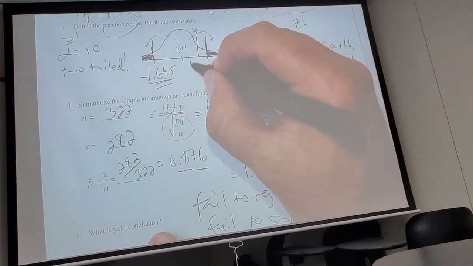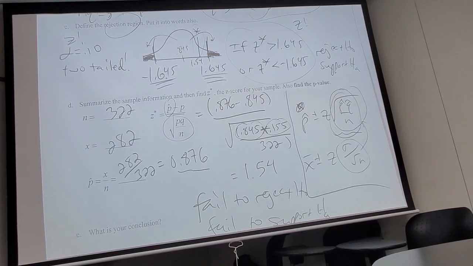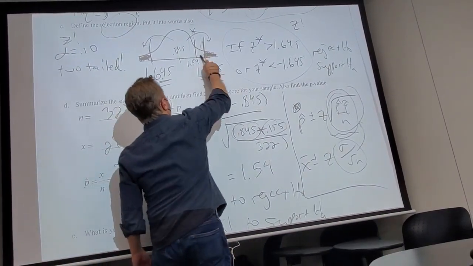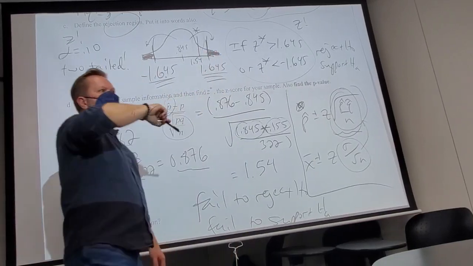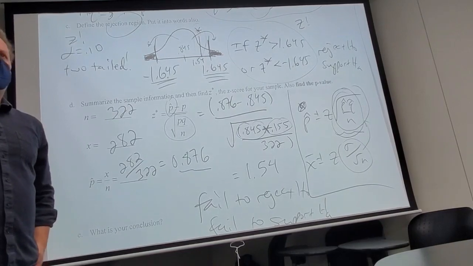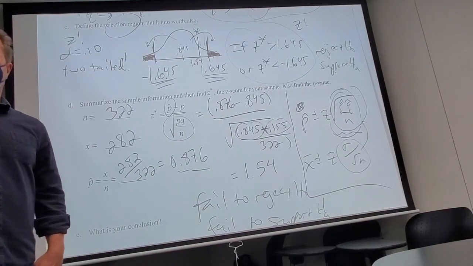Can you guys get your z-score chart? Figure out what the area is in the tail that 1.54 makes. If you don't have your z-score chart, don't feel bad because I didn't bring mine either.